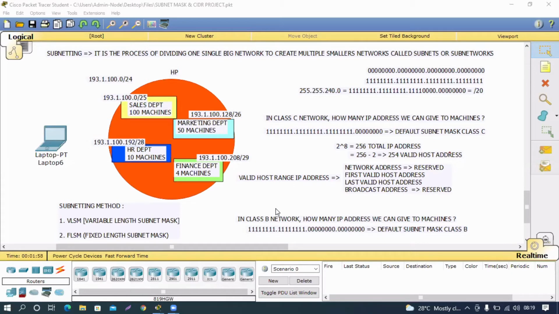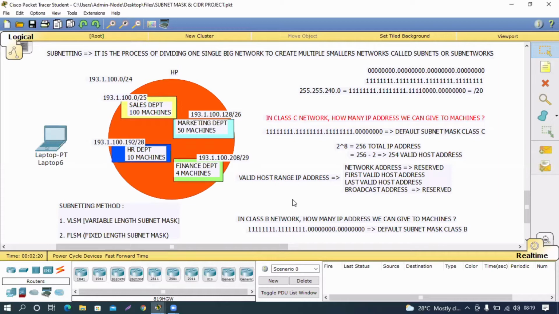Now, this is what exactly we have to know first, before we start the subnetting process. In interviews, most of the time, this type of question is asked: in a specific class network, how many IP addresses can we give to machines?